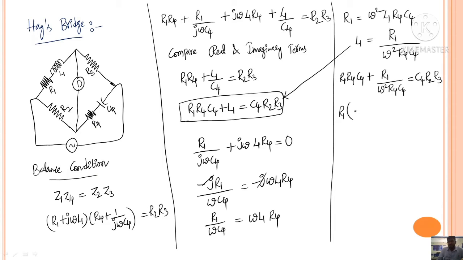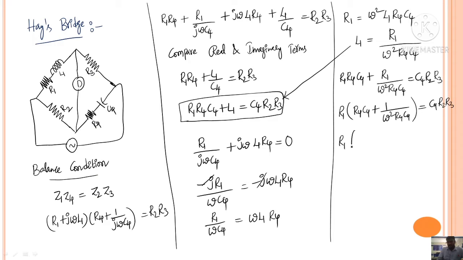So R1 into R4C4 plus 1 by omega square R4C4 is equal to C4 into R2 R3. Is it right?